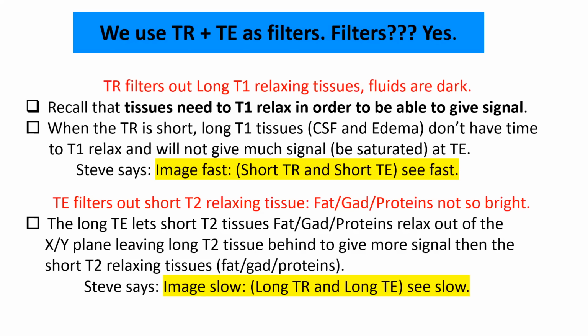If you image fast, you're going to see fast, which means a short TR and a short TE, you're going to see fast T1 relaxing tissues. So the opposite is true. The TE is going to filter out short T2 relaxing tissue, which would be fat, GAD, and protein. So when you image slow, long TR and long TE, you're going to see slow T2 tissues.